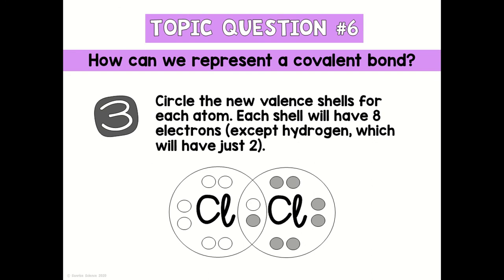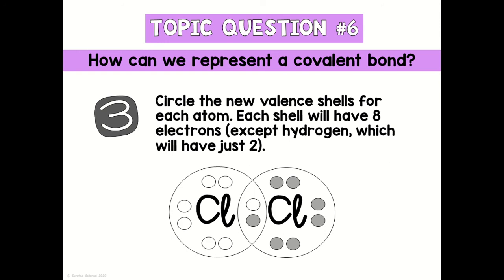The third thing you're going to do is circle the new valence shells for each atom. So you want to get an idea in your head of, okay, this pertains to this atom, so that you can see where those bonding pairs are and where those lone pairs are.